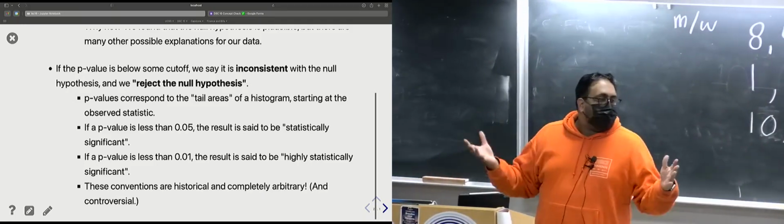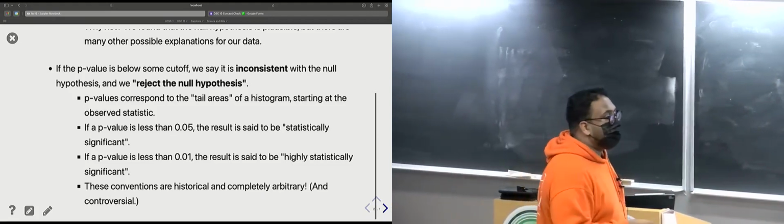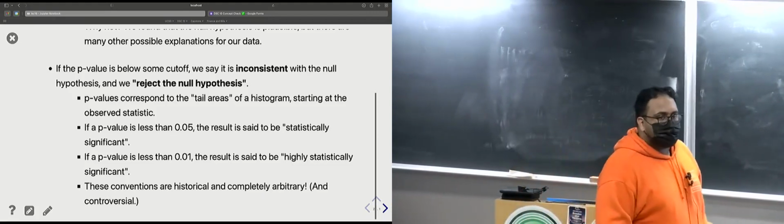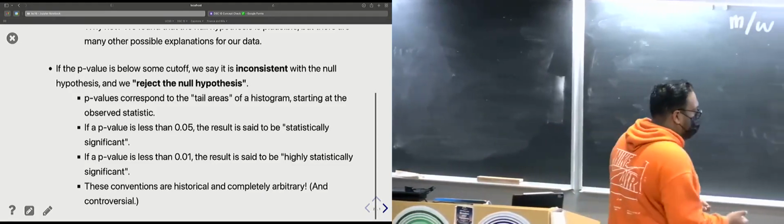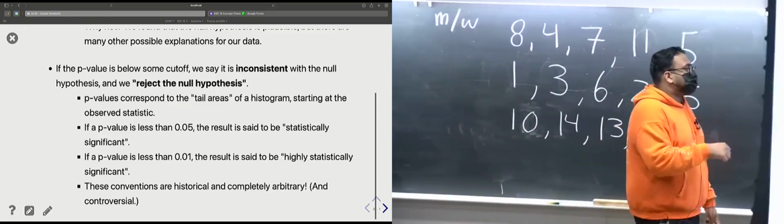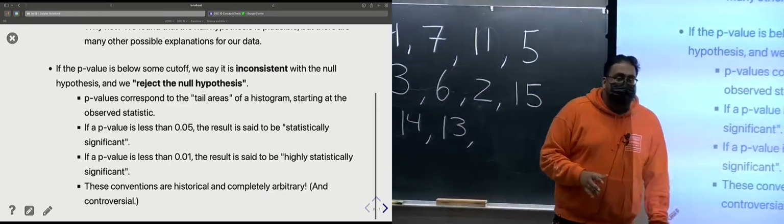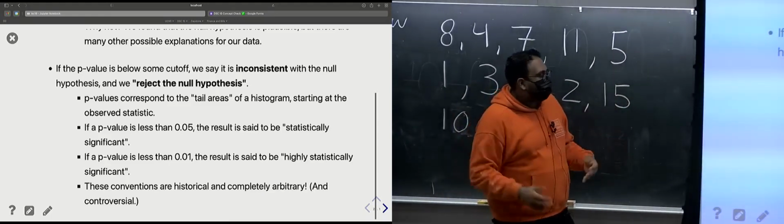Okay, but that's like the most common cutoff. If the p-value is below 5%, below 0.05, then we reject the null hypothesis. Otherwise, we typically fail to reject it. Okay? It's not the only cutoff we could use. We could also use a cutoff of 0.01%, which means that the bar for rejecting the null hypothesis is much higher.